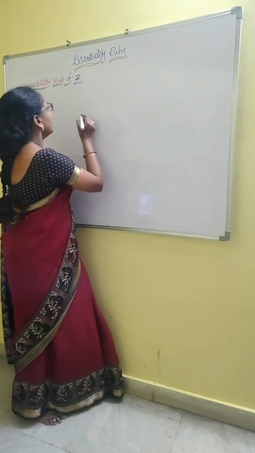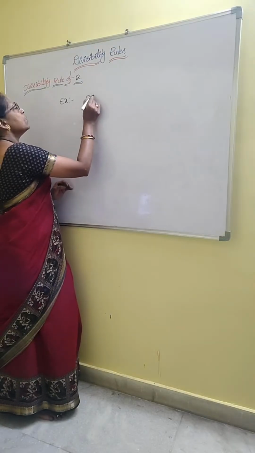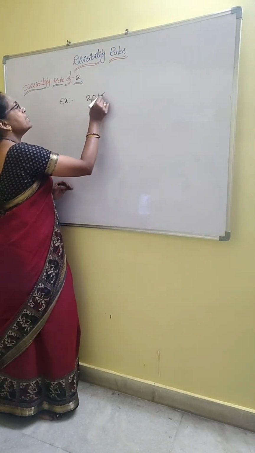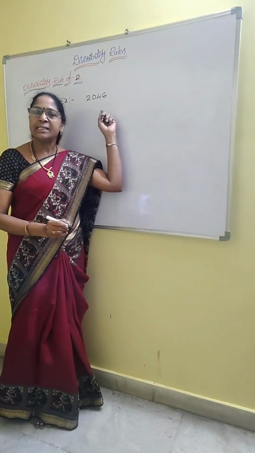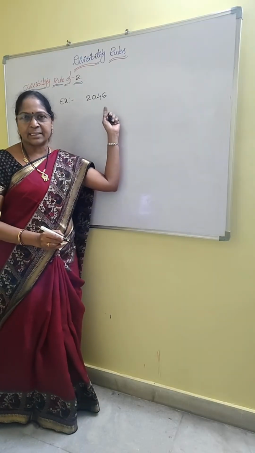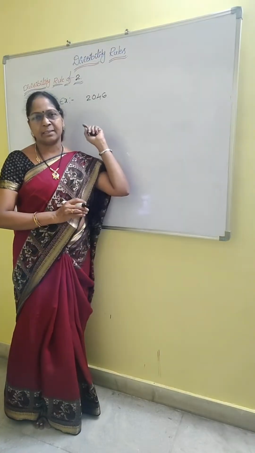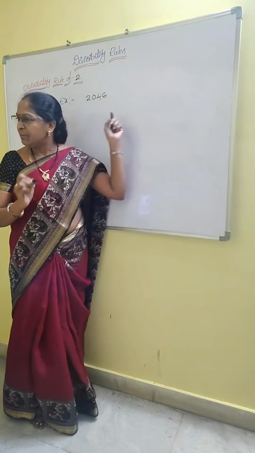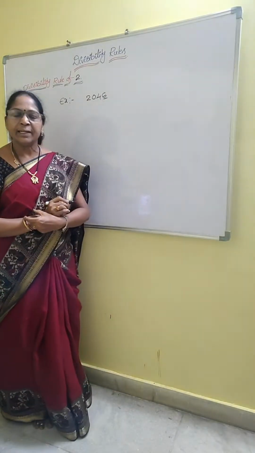For example, 2046 is the given number. In this number, the last digit is 6. That means 6 is in the units digit place.